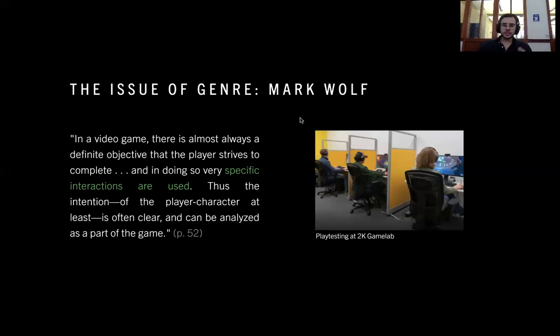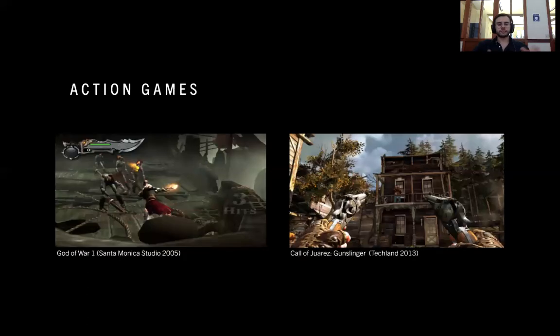And the kinds of interactivity are then referred to as genre. The genre can be seen as a marketing tool to categorize games and create expectations within consumers: this is an action game, this is an adventure game. But genres operate fundamentally under the aspect of interactivity.